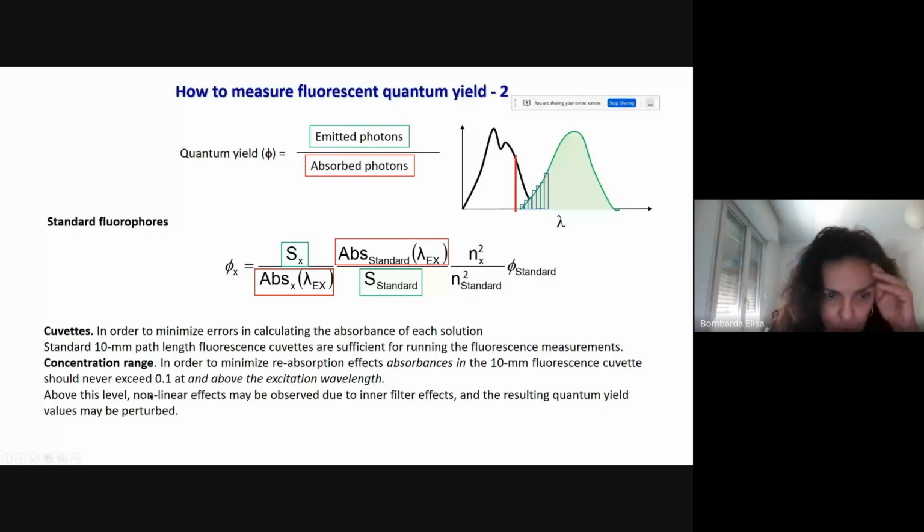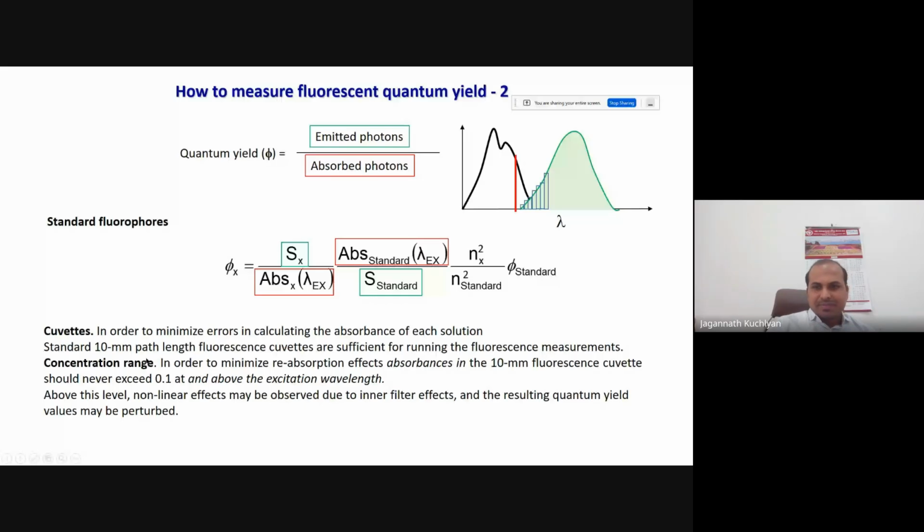Good. So, for measuring, you have cuvettes.